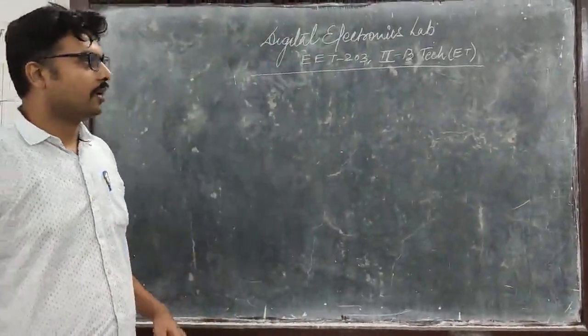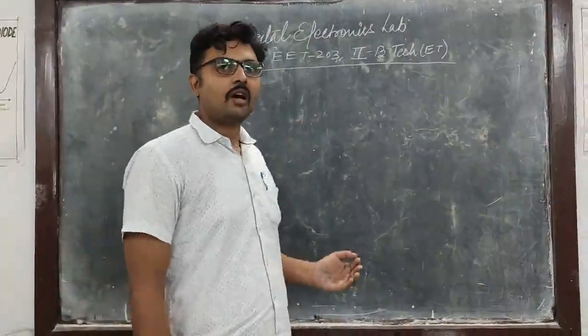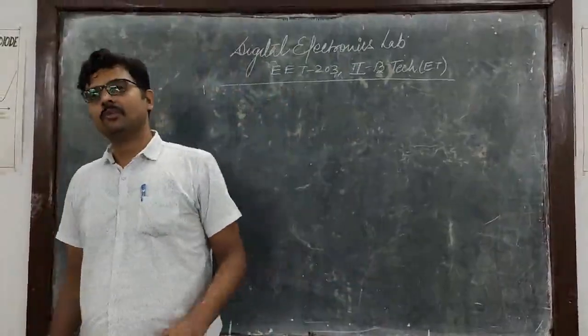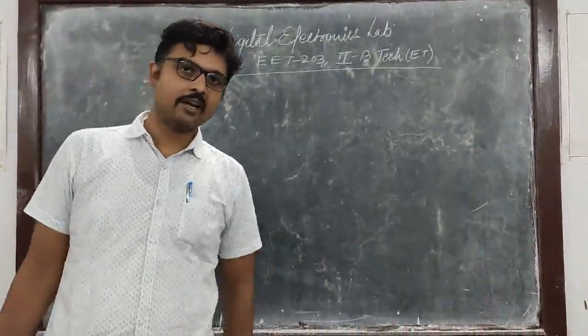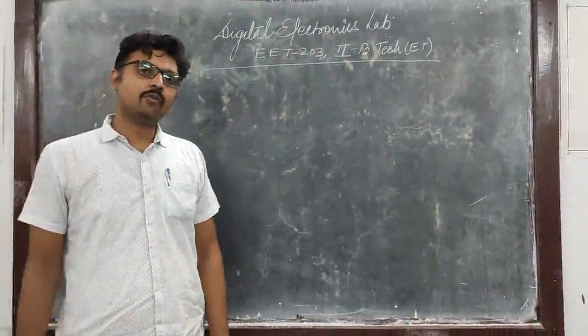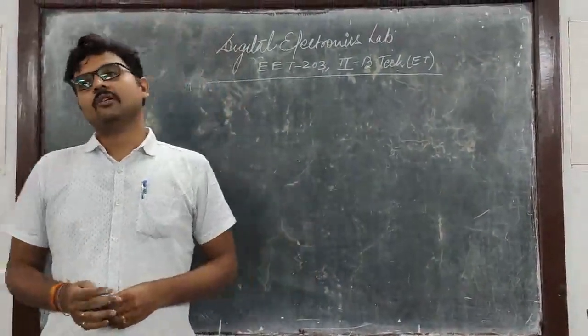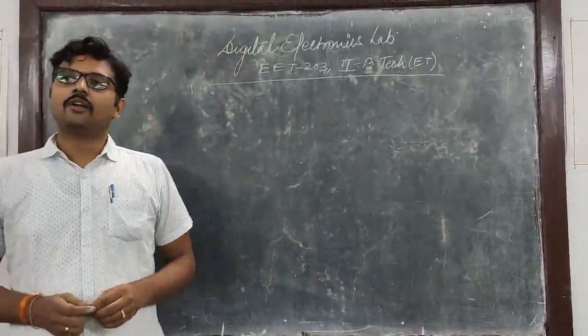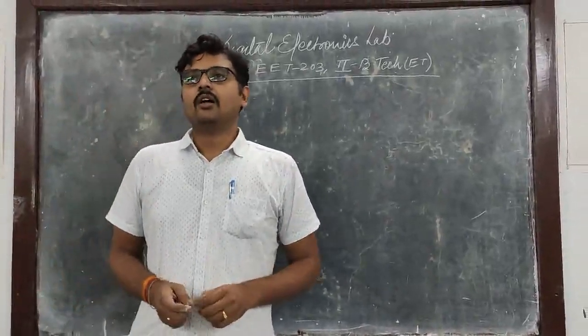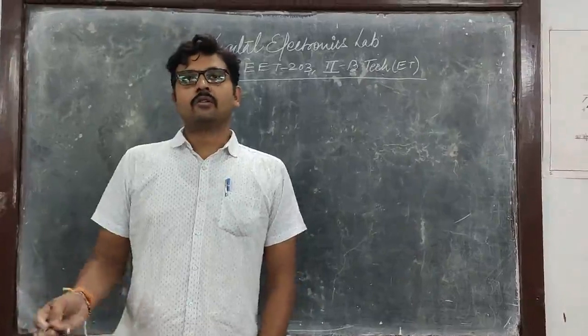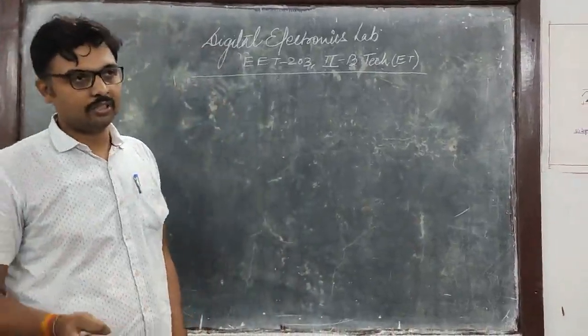So in today's topic, as today is the first day, I will demonstrate how you are going to perform the experiments which are enlisted in the experimental book of this course.